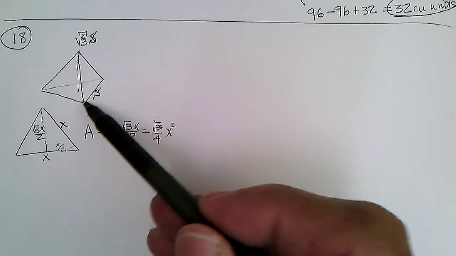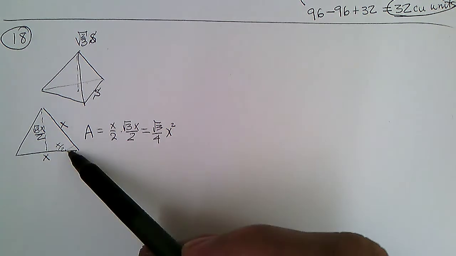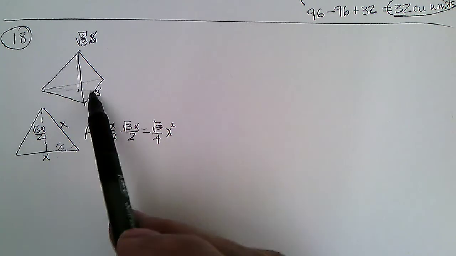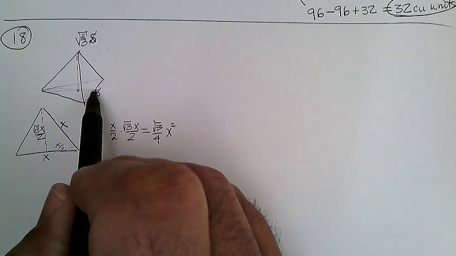If this is s, this would be s over 2, just like if this was x, this would be x over 2. And the altitude would hit that point underneath the top, and it hits it at 1/3 of the way.